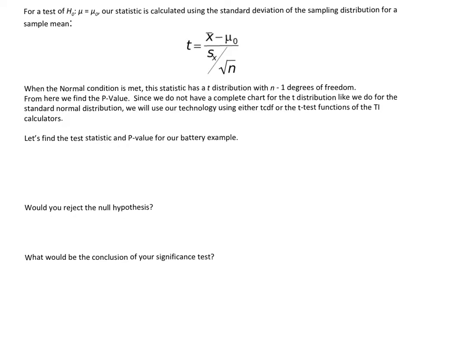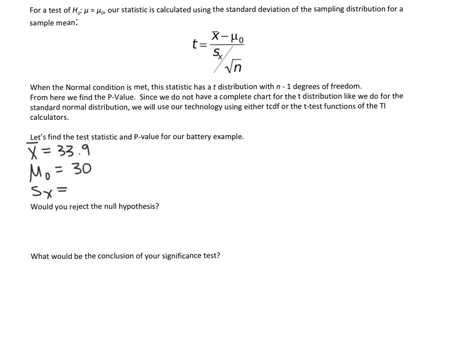Let's identify our information. x bar is our 33.9. Our mu naught is 30. Our sample standard deviation is 9.8. And n is 45.